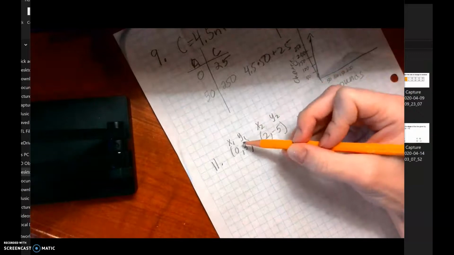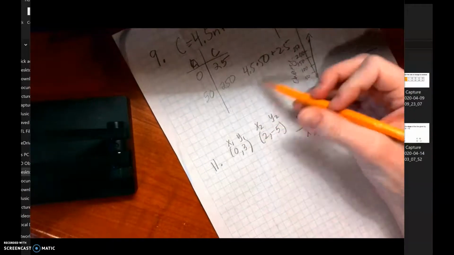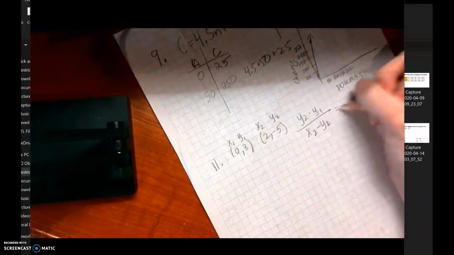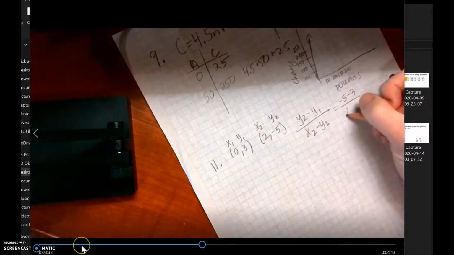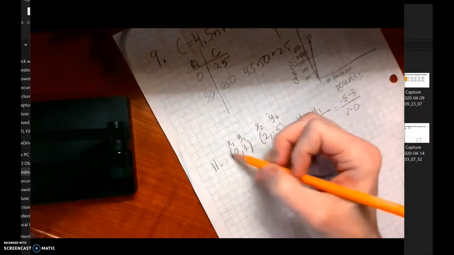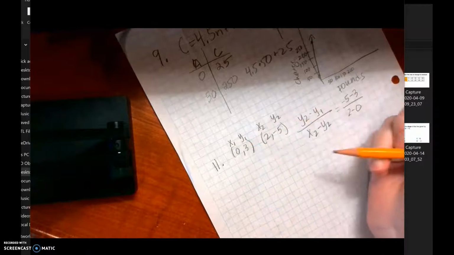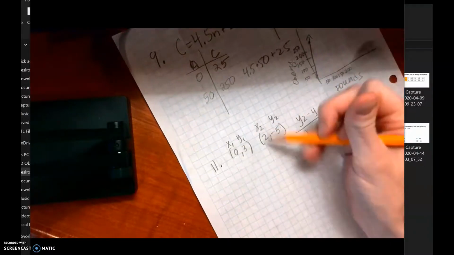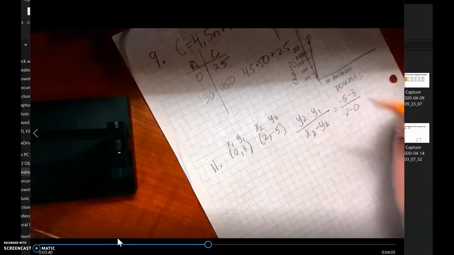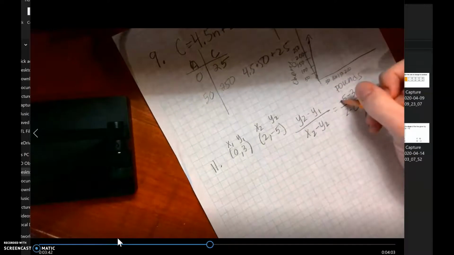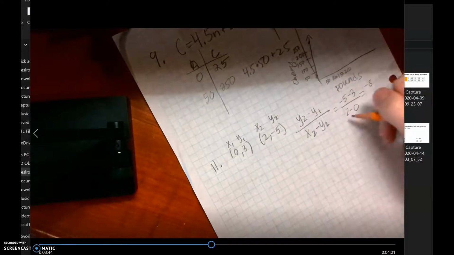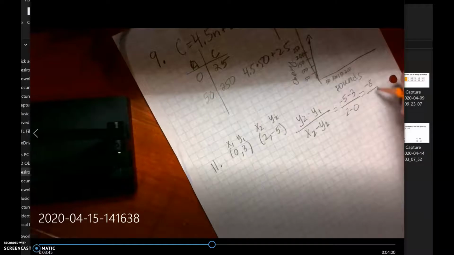So I'm going to do y2 minus y1, so -5 minus 3. Whatever coordinate they give me first, I'm going to say that's x1, y1, and whatever they give me second, I'll make that x2, y2. -5 minus 3 is -8, over 2 minus 0. Okay, I made a mistake right here.